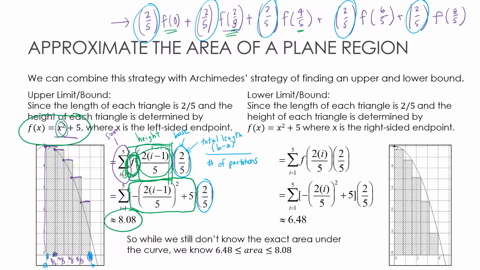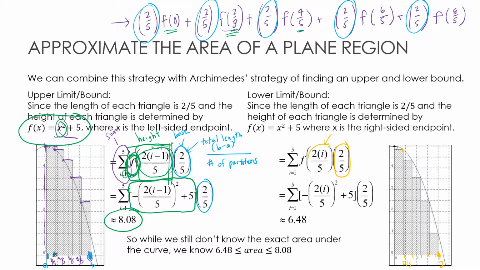Now, I did the exact same thing on the lower side, and I'm not going to work through it step by step like I did for the first one, but notice I still used this because I still have the same base of my rectangle down here, still 2/5 each time. Now, the only thing that changed is because I'm now using the right side of my figure, this is 2/5, so I'm never using 0, but I'm using 2/5 all the way up to, this time, 10/5 or 2.